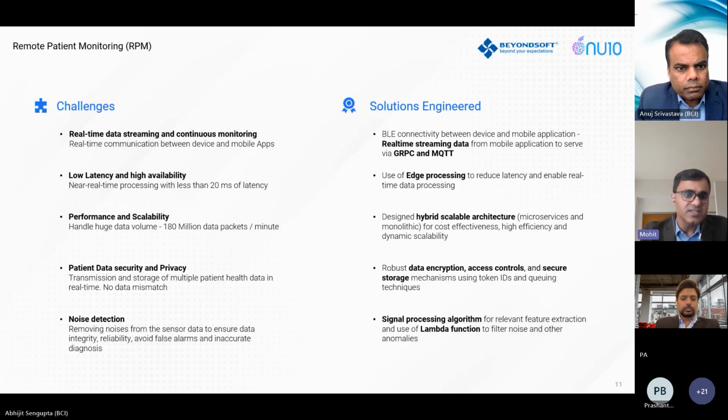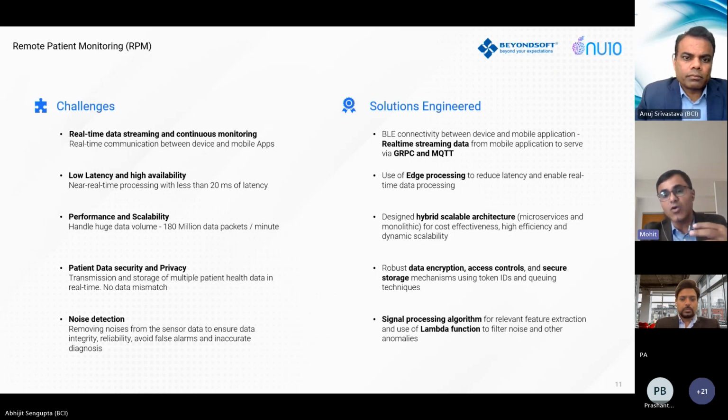Second is low latency, very, very low latency, which is vital for class 2 medical devices and class 3 medical devices. And the whole idea is how do you accelerate going to the market? How do you accelerate your development?